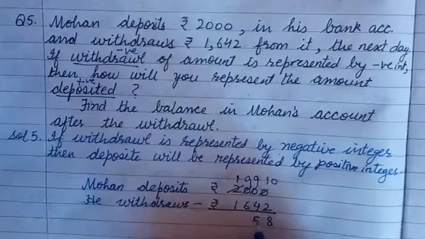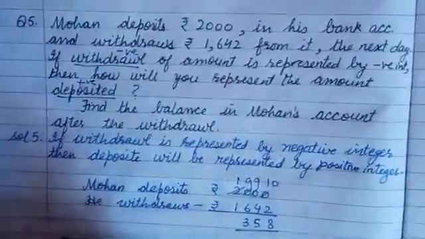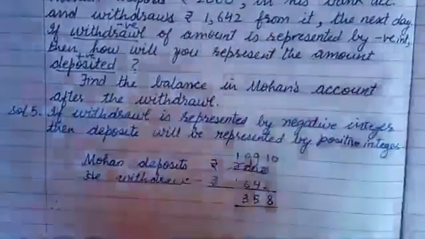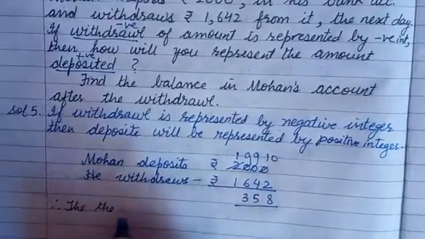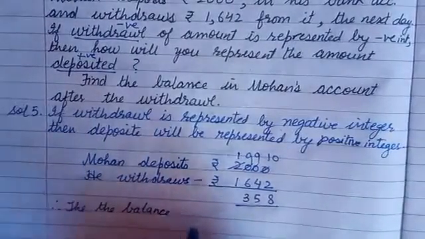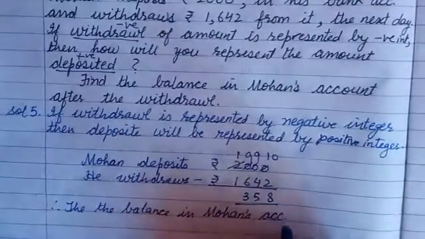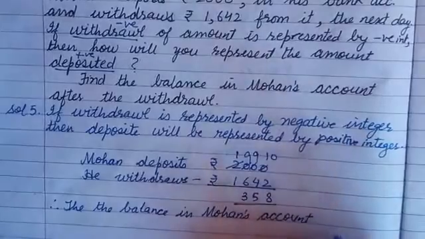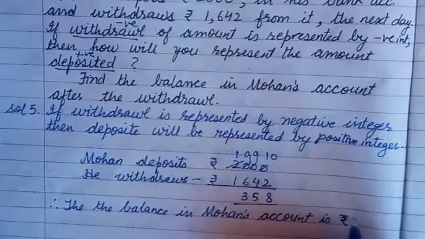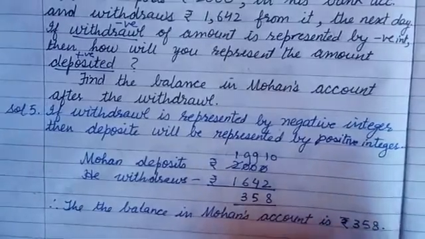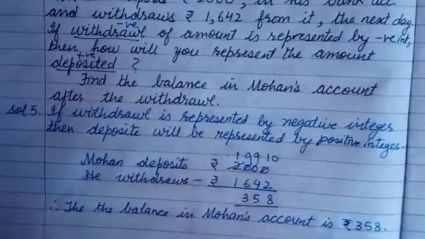It is 8, 5 and 3. So therefore, the balance in Mohan's account is rupees 358.